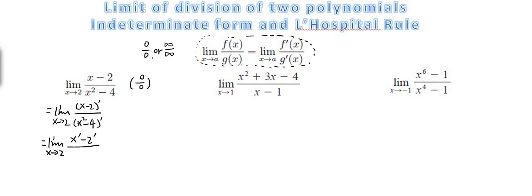And similarly, the derivative of x squared minus 4 is the derivative of x squared subtract the derivative of 4. That's a difference rule. And now we're gonna use the power rule to calculate the derivative of x and the derivative of x squared.